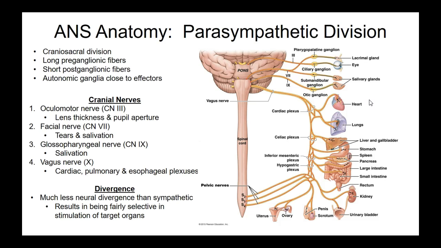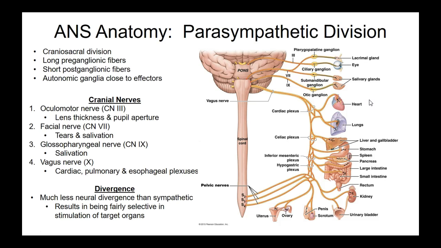Well, it comes out of the thoracolumbar region, thoracic and lumbar regions of the spinal cord. Hopefully this makes a little bit of sense to you, because what was the major cranial nerve that gets activated with the parasympathetic nervous system? The vagus nerve, right? And the vagus nerve is coming out of, not surprisingly, the brainstem, the cranial region.